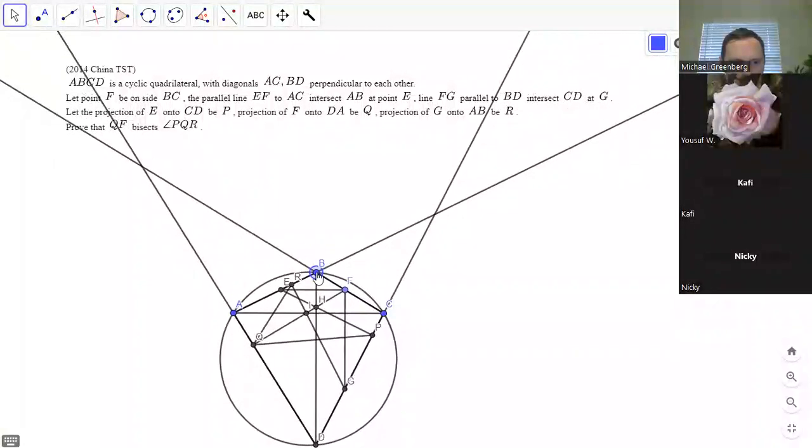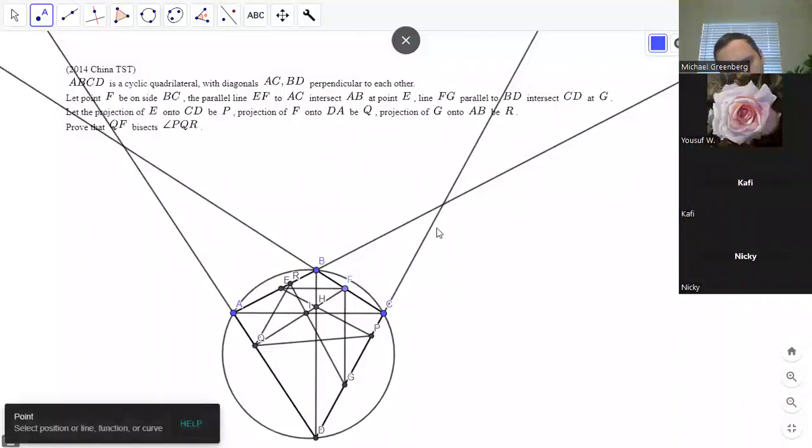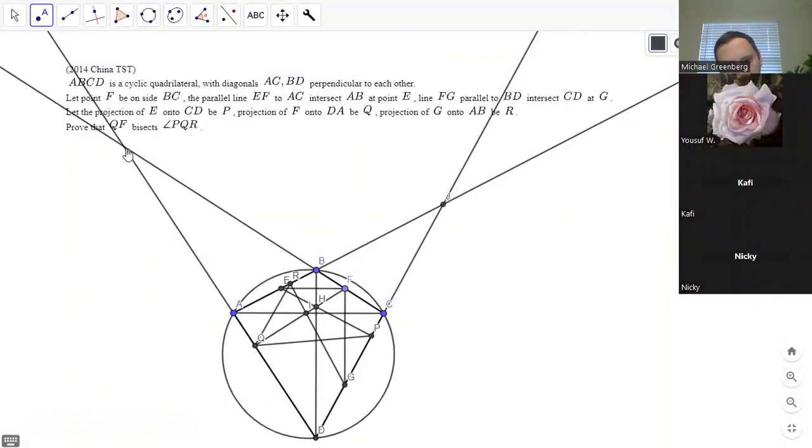We want to draw those 2 points. So yeah, QF doesn't pass through J, but we want to show that we have a harmonic bundle.